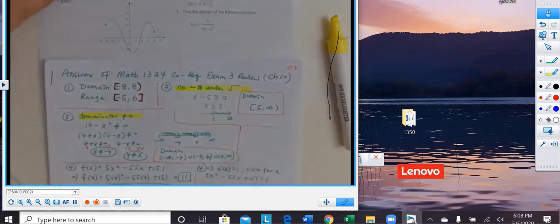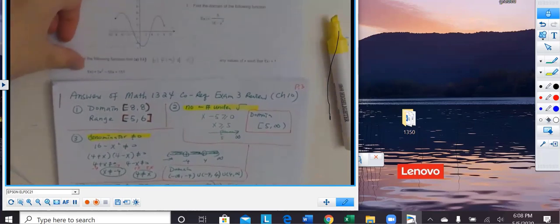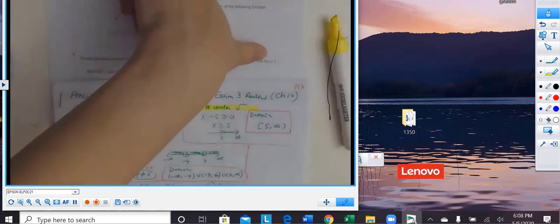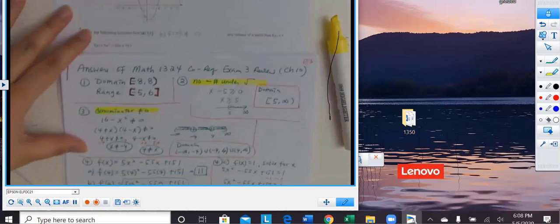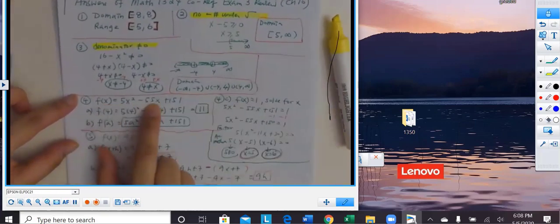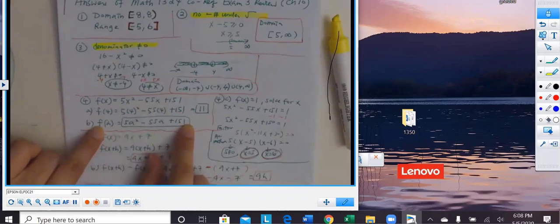Okay, number 4, they give you a function, and they ask you to plug in 4 as x, a as x, or when f of x, which is y, equals 1. So that's all we did. We used the function they gave us. We plug in 4 for x and found the values. We plug in a for x and see what it is.